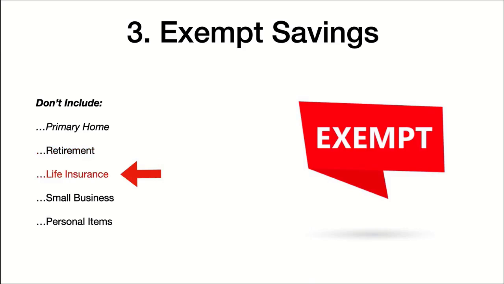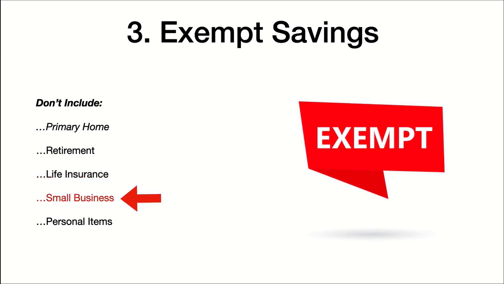It doesn't always work. The same thing is true with life insurance. Be wary when someone tells you to put money into a life insurance policy just to hide it from the financial aid formula. It's true, the FAFSA does not look at life insurance, but most private colleges that use the CSS profile will. And you don't want to get stuck owning something that's not going to work well for you down the road.